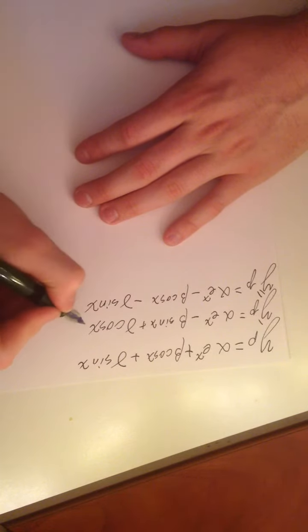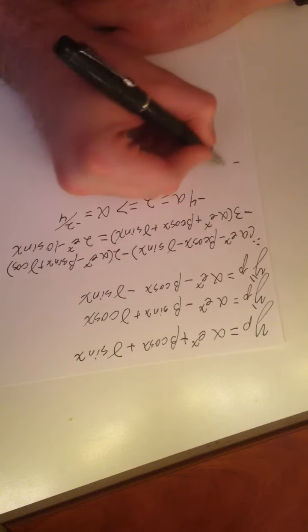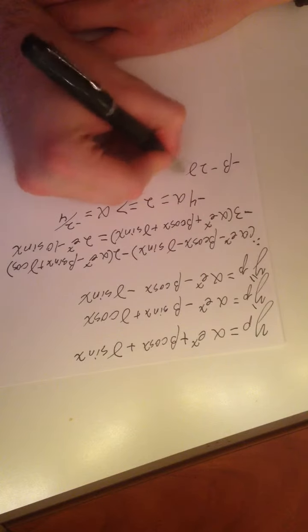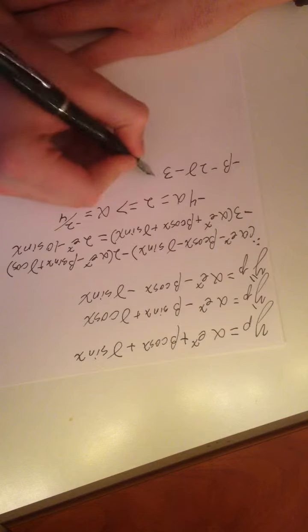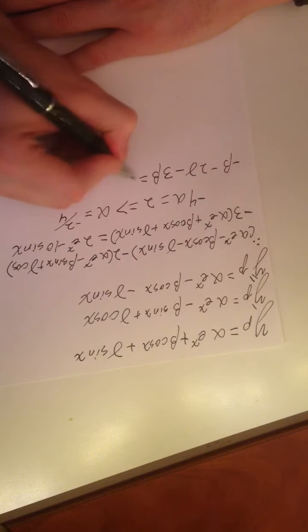Whew, that's a mouthful. Next, we're going to solve for our individual values. In doing that, we find that negative 4 alpha is equal to 2, which means alpha is equal to negative 2 over 4, and negative beta minus 2 gamma minus 3 beta is equal to 0.